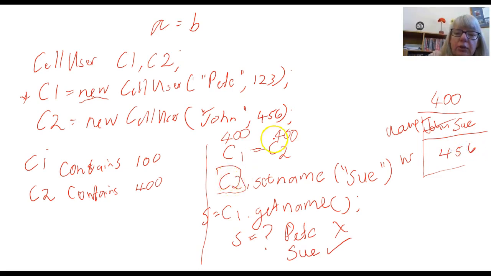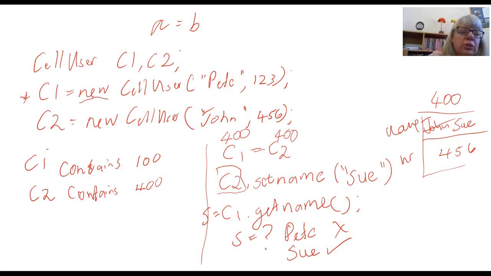So we said go to position C2, what is it? Change the name there to Sue. Now, in this line, we say go to position C1. What is C1? Oh, it's 400. Get the name there, it's Sue. Return it to S, store it in S, and say what is S. And it is Sue. This is shallow copy.